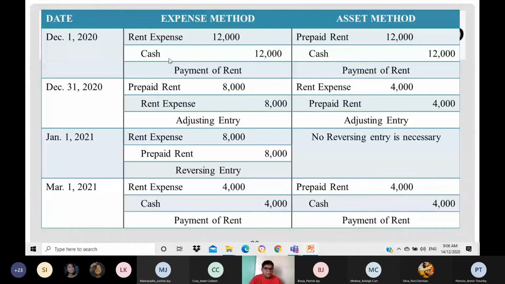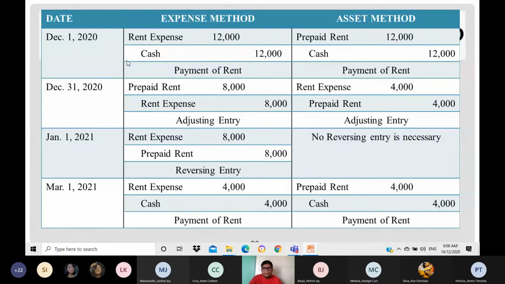So the expense method: when December 1 comes, you paid out 12,000. This is an expense.